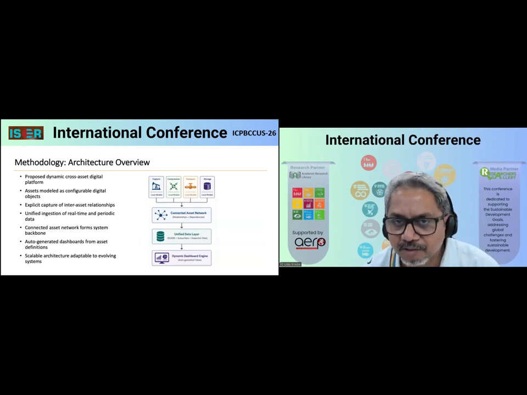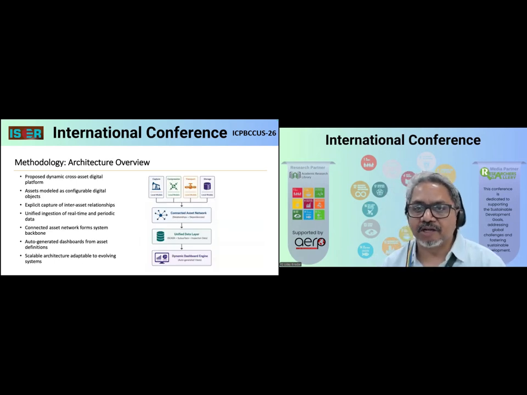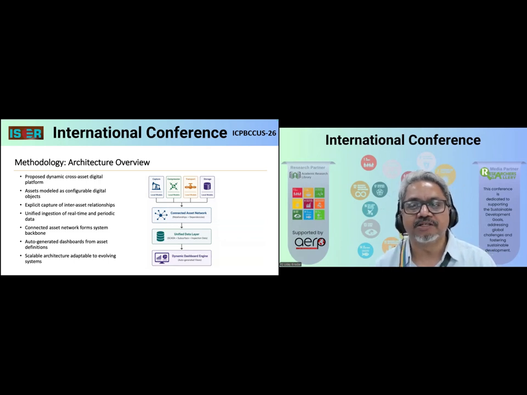Overall, in this work, right, we propose a dynamic cross-asset digital platform, which is monitoring the CCUS value chain. At the core of this architecture, each asset, such as capture units, transportation pipelines, storage sites, is represented as a configurable digital object.